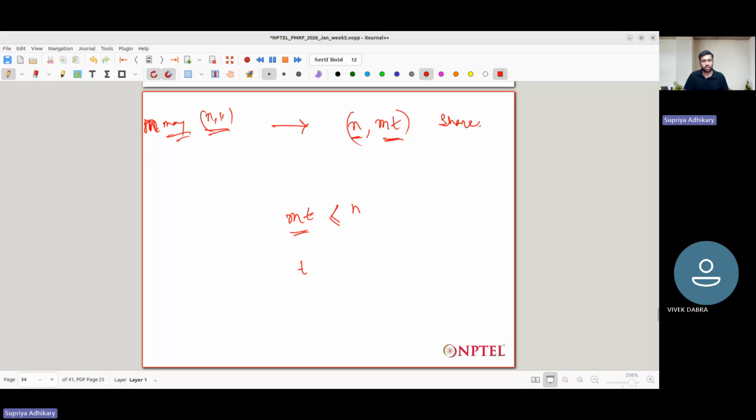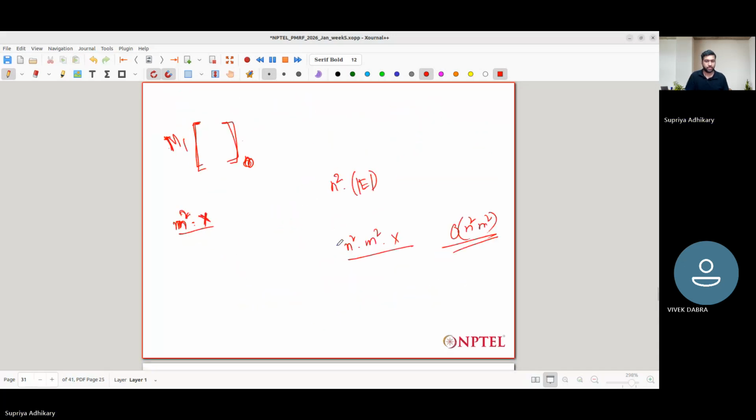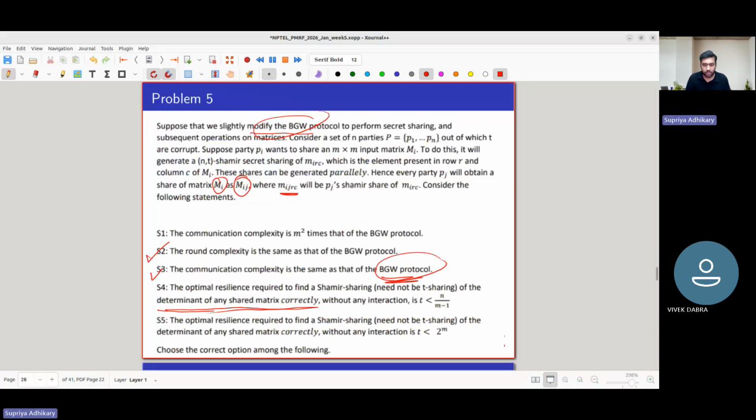So the resilience has to be less than n over m. But in the question, it is given as n over m minus 1.